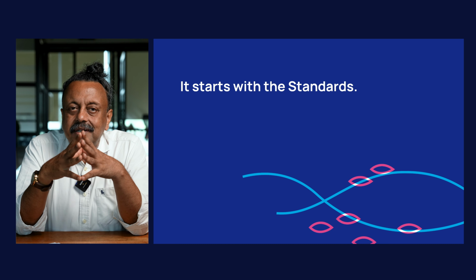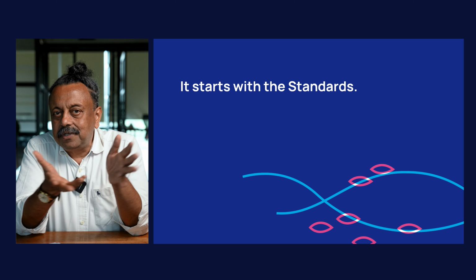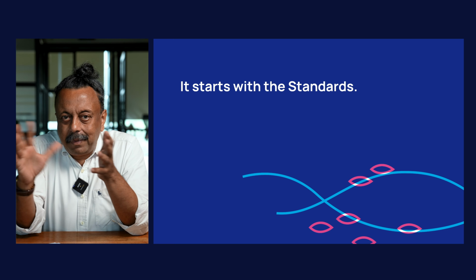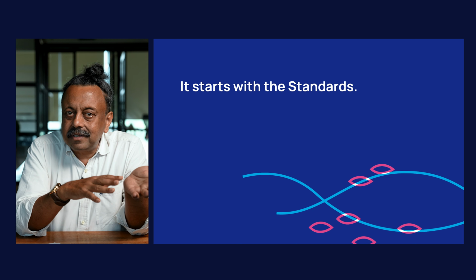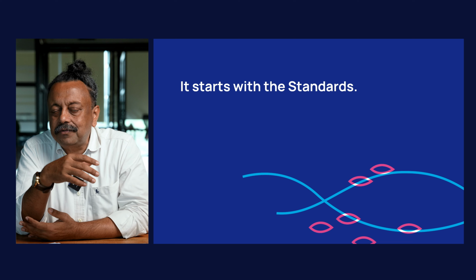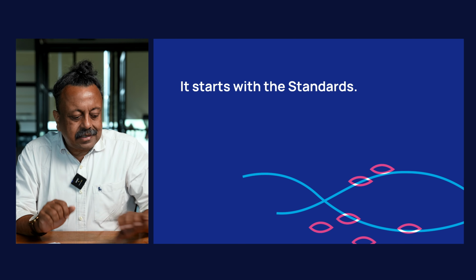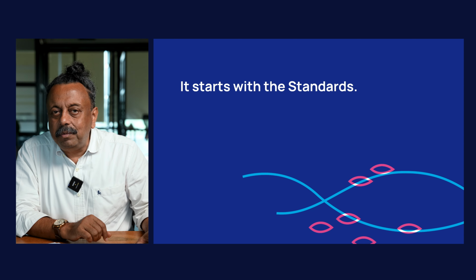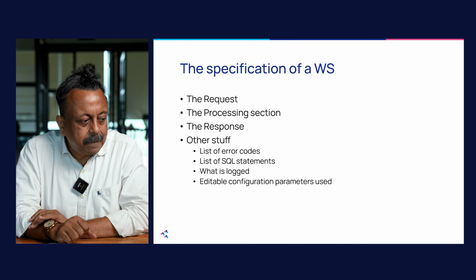So we have certain very specific standards about how we structure a web service request, what is the data structure we use for a response, how we report errors, how we actually report a value, etc., etc. For successful web services and so on. So let's look at the standard. These are actually in written down documents on our internal wiki, and I'll share some of the screenshots from some of those documents.